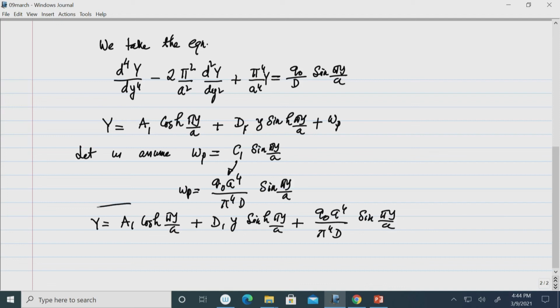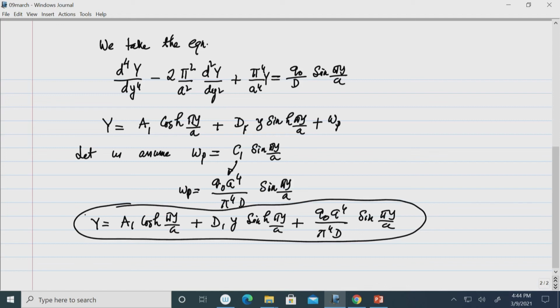So, this is the complete solution of y. Now, let us impose the boundary conditions to determine the constants a 1 and d 1. That can be done by giving two conditions: at y is equal to a by 2, the deflection is 0 and the slope is 0.